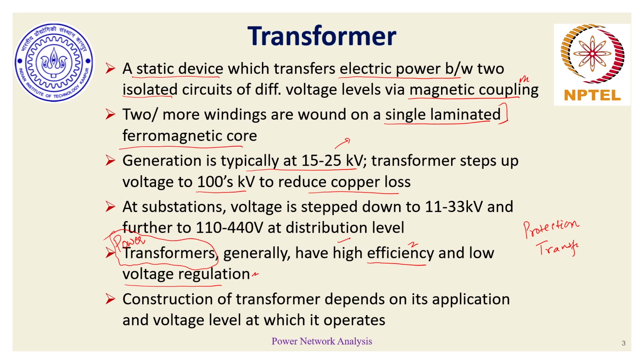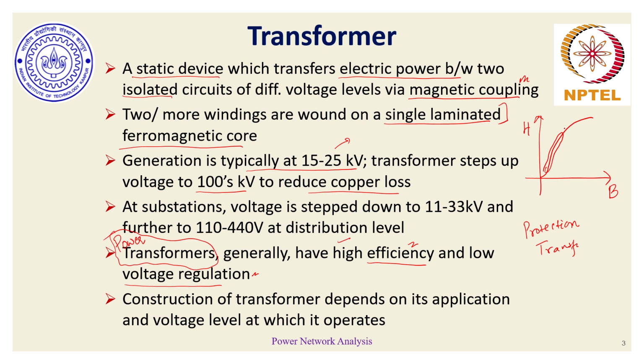So for power transformers, if I were to mark the operating points of this transformer on a typical BH curve, where B is on the x-axis and H is on the y-axis, the operating point typically resembles a few initial linear operations, and then beyond a certain point, the core tends to saturate.